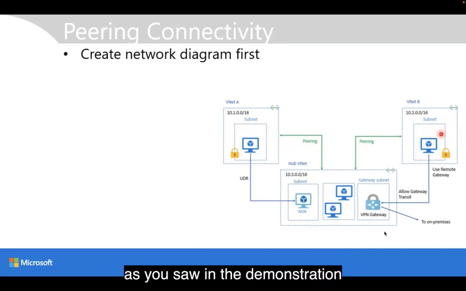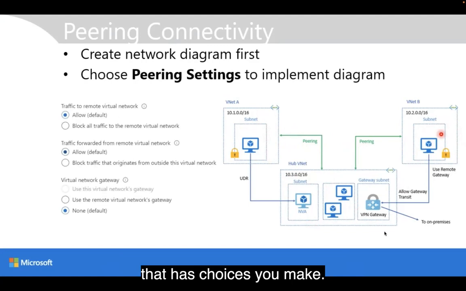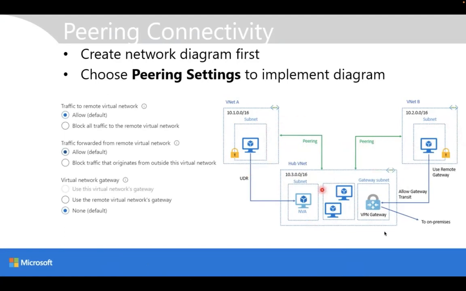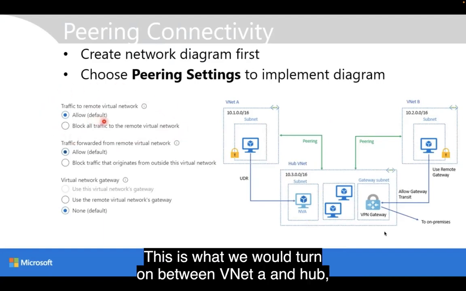As you saw in the demonstration, there's a peering settings blade that has choices you make. Let's discuss how that would be impacted by our diagram. The first choice, traffic to remote virtual network. That's turned on by default.